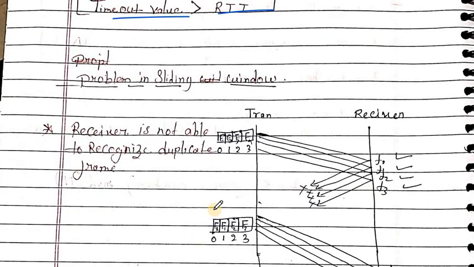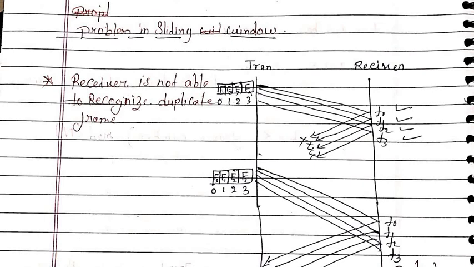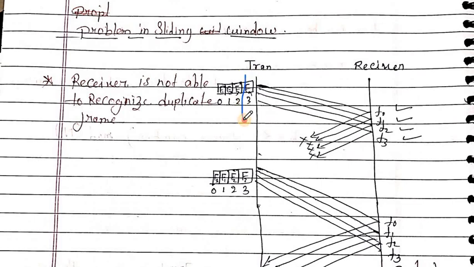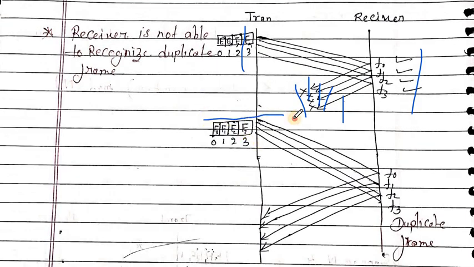What problem comes up in sliding window? Suppose the transmitter transmits 4 packets and they are received by the receiver, but the acknowledgements of all the packets are lost. Then after some waiting time, when the timeout is over, the transmitter sends the same 4 packets again to the receiver, although the receiver has already received them.